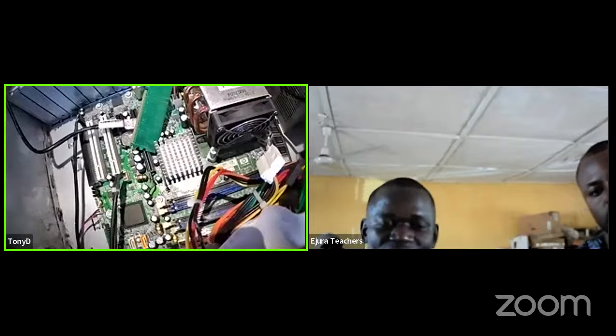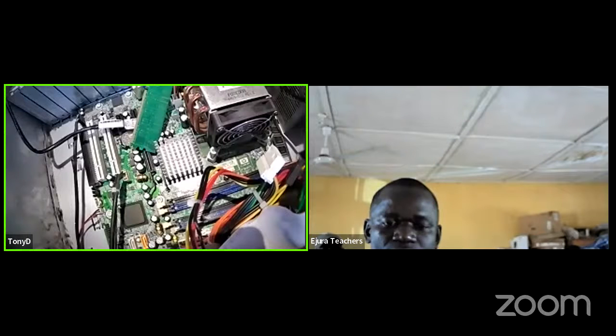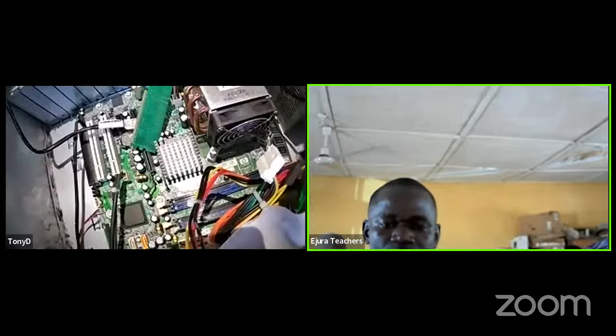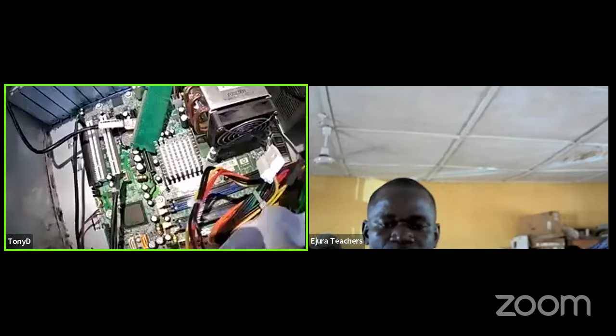So the understanding is that the CPU operates inside, even the memory is attached to the motherboard, right? So there are certain things that when they say it, you just have a professional understanding that there's a difference between the CPU and the computer. The computer is a whole thing. The CPU is part of the computer.